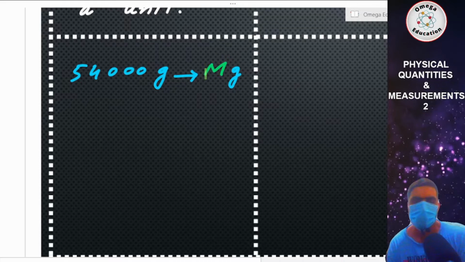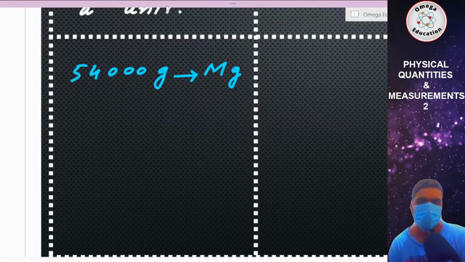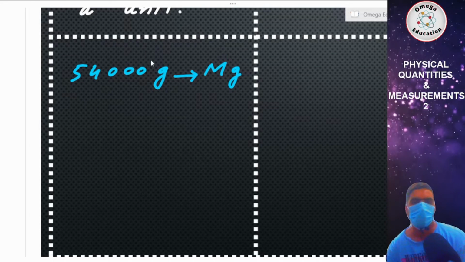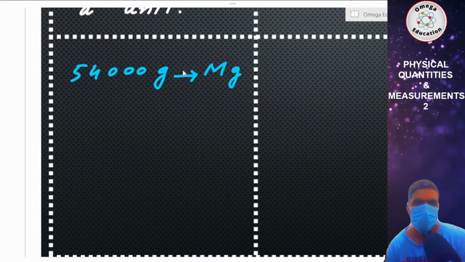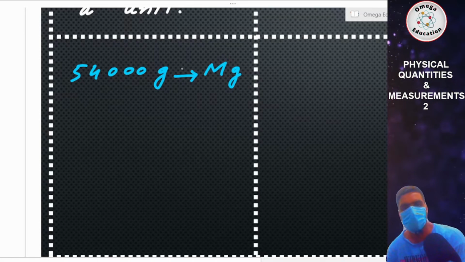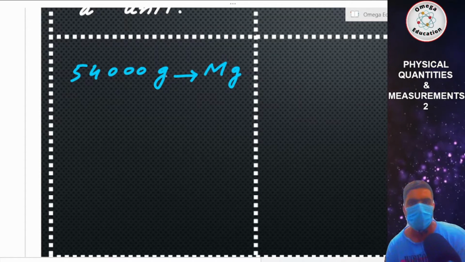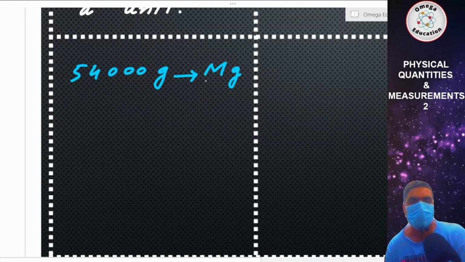So gram represents the unit, and this capital M is representing the prefix. Now first of all, like I said, you should have memorized the symbols as well, because only then you'll be able to know what prefix they are referring to.